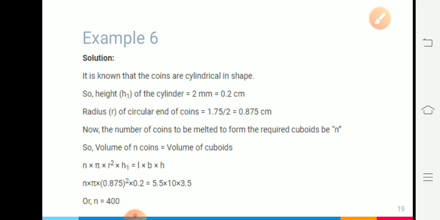So let the volume of n coins equal to volume of cuboid. So you take out the volume of the cuboid, which is already given, length, breadth and height, and volume of one coin is given. So you divide both, you're going to get the number of coins, which is 400.